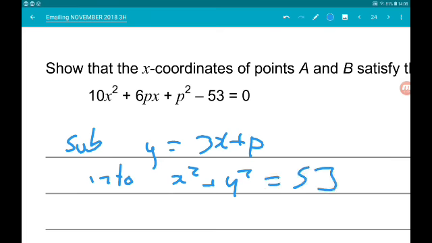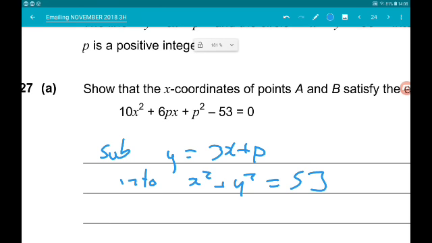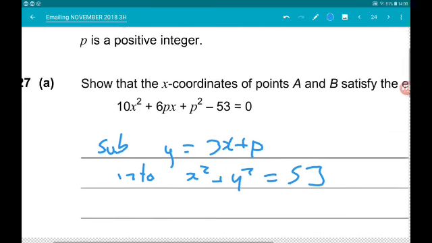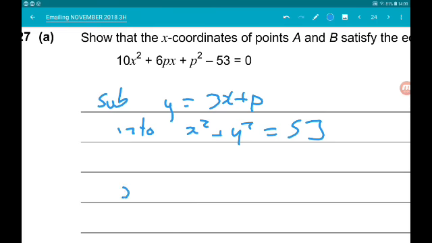Now we can do this because at points of intersection, lines, curves, circles, whatever, are equal. So if y is equal to 3x add p, we convert that expression for y into x squared add y squared is 53. So we get x squared add 3x add p squared, so y squared has become 3x add p squared, is equal to 53.